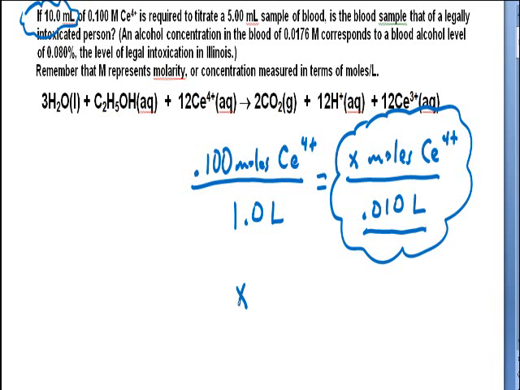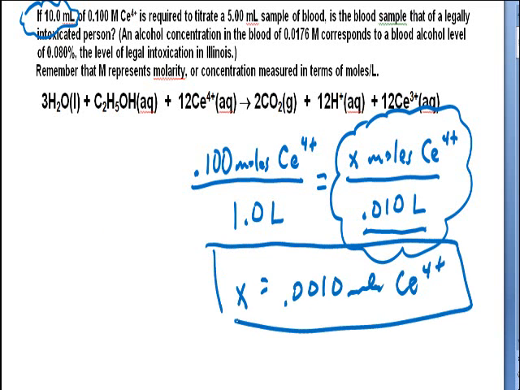Solving for X gives us 0.0010 moles of Ce4+ ions. This is what we're going to work with in the problem to figure out how much alcohol is present in the blood of the sample subject.